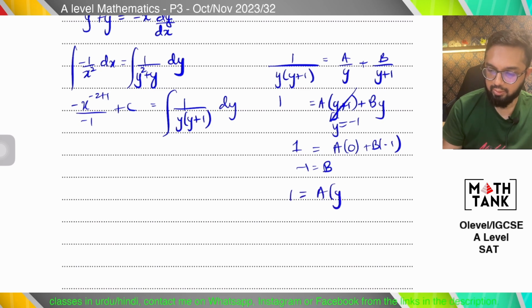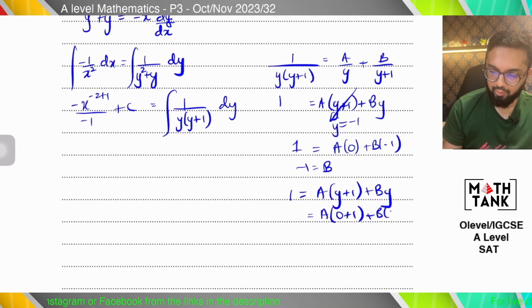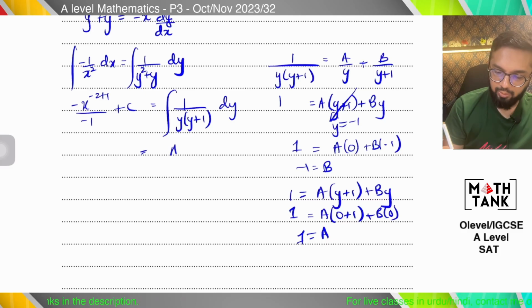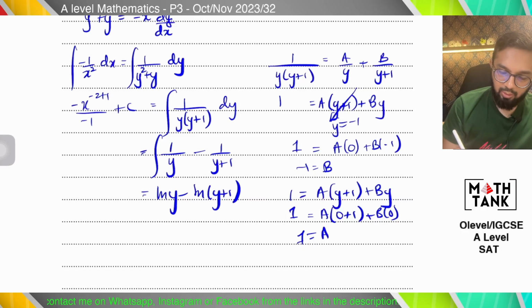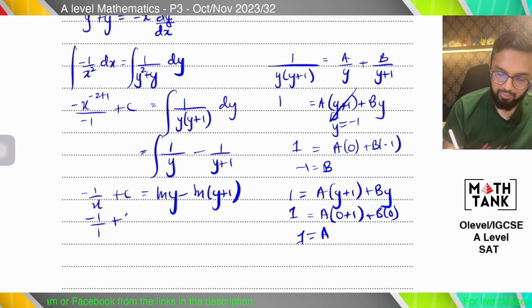And y equals 0, I get a as 1. So 1 over y minus 1 over y plus 1. Integrating that gives me ln y minus ln y plus 1, minus 1 over x plus c.